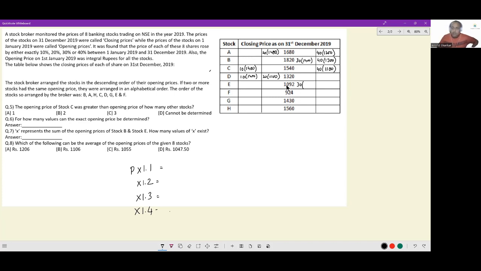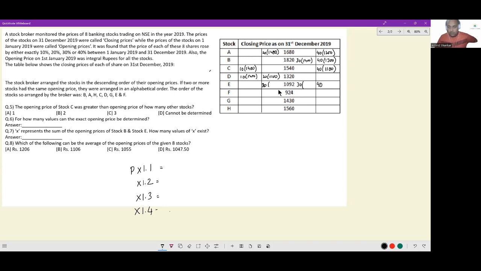I can see 092 minus 1 gets me to 91, and this is even. So it is divisible by 14 also. Is it divisible by 11? No. Is it divisible by 1.2 or 12? 1080 plus 12. Yes, this is also divisible by 12. So all these three cases are possible.